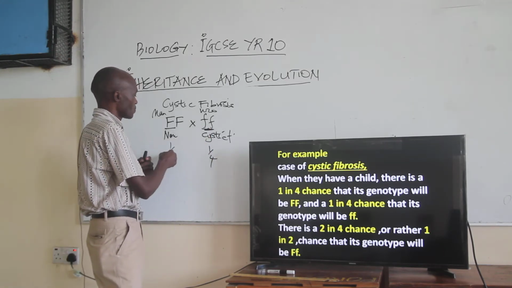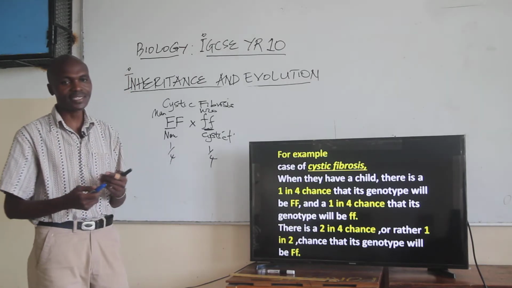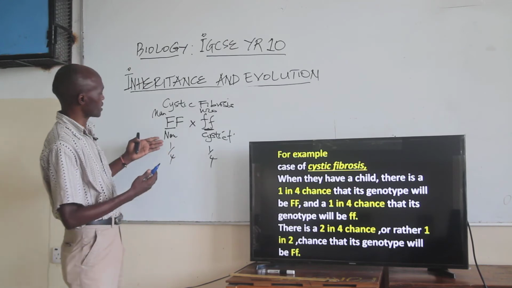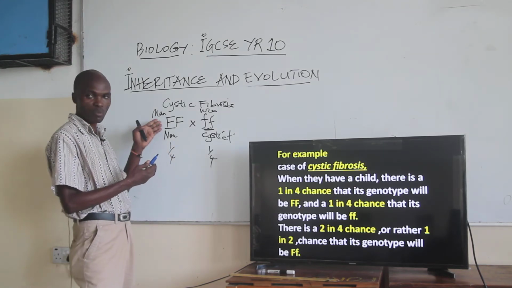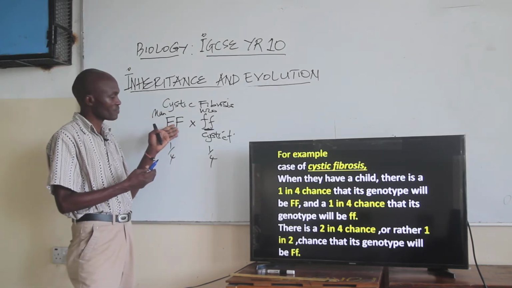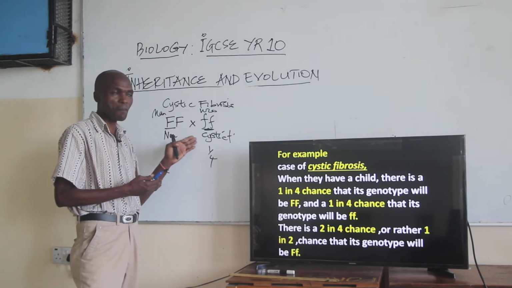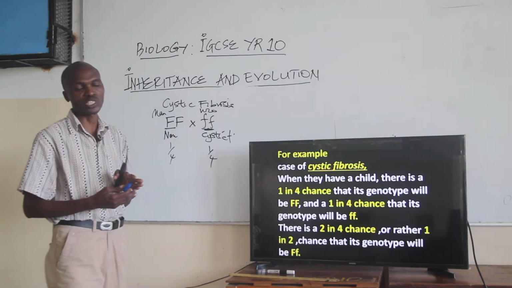So you can also have this chance, 1 out of the 4, one being normal, homozygous F. That one can also be homozygous recessive f, meaning this will be a victim of that particular case.